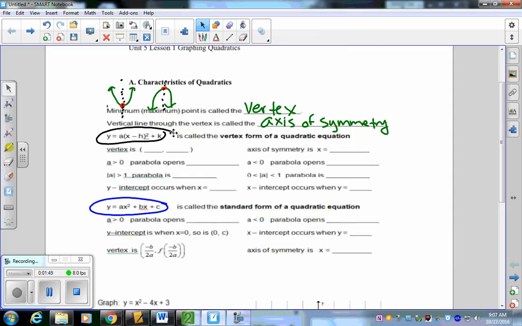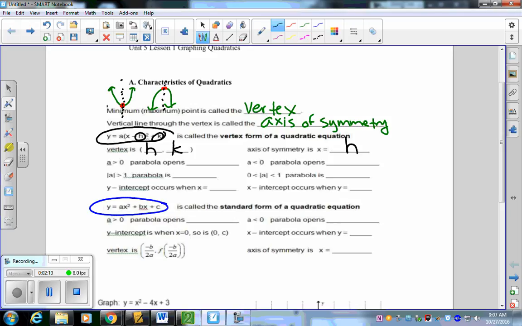So just a reminder, when you're given a quadratic, and we know it's a quadratic because there's an exponent of 2, your x variable being squared at some point. But remember, our vertex is (h, k), and your axis of symmetry is x equals h. It's x equals that value.